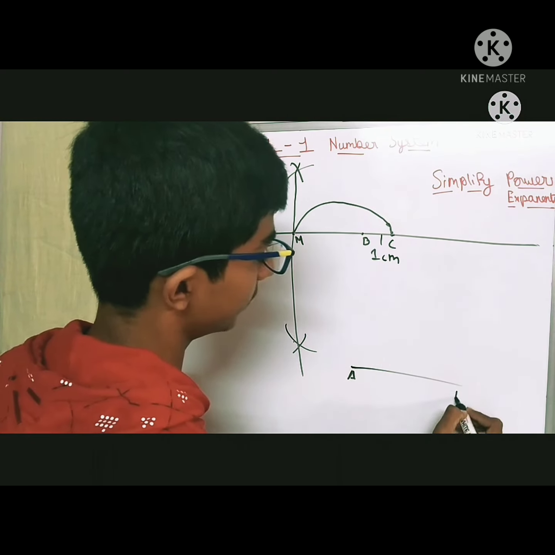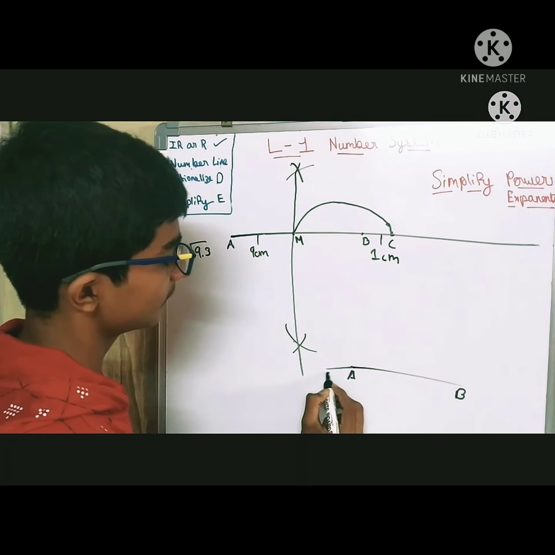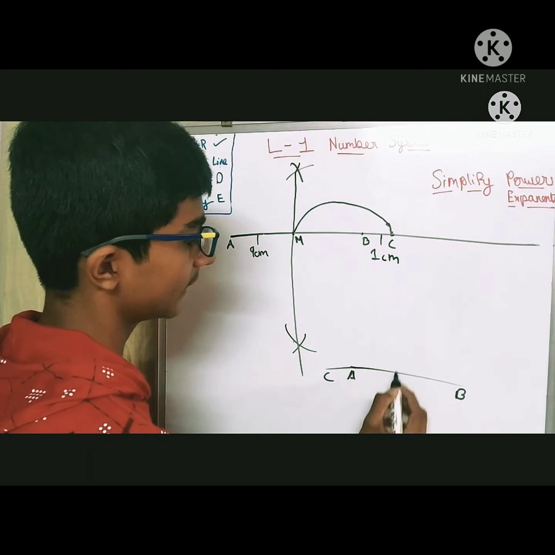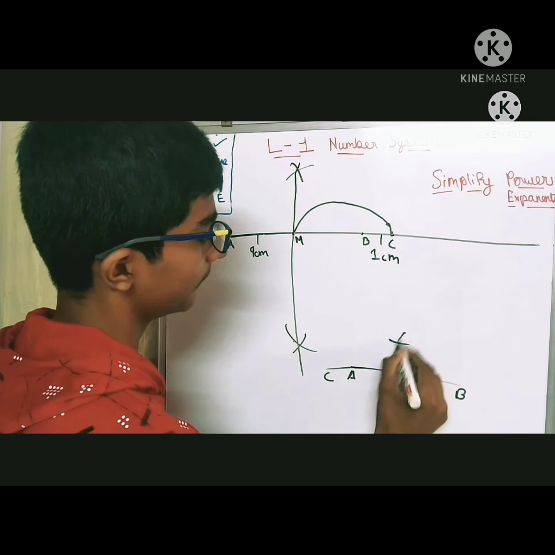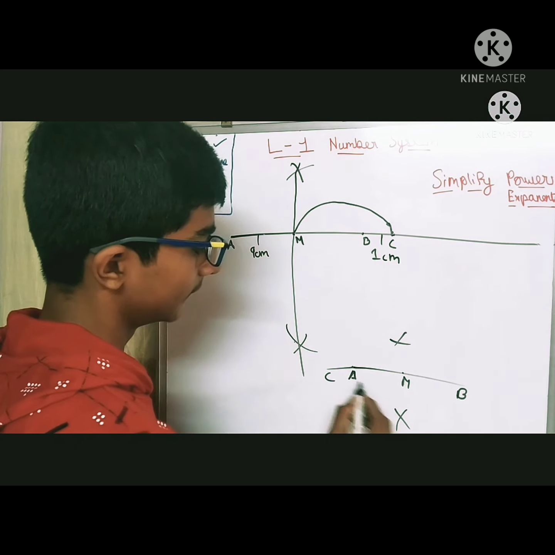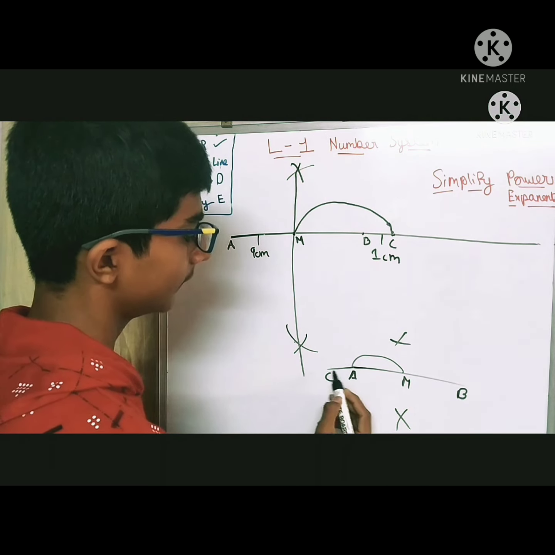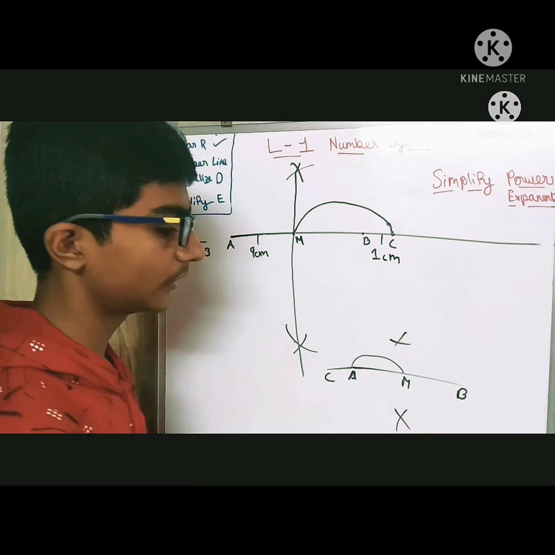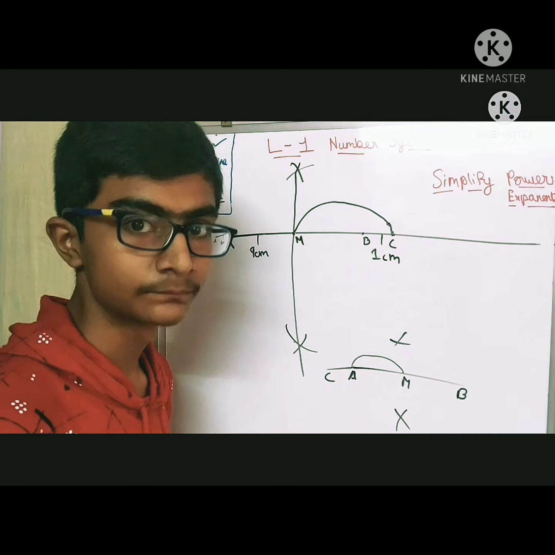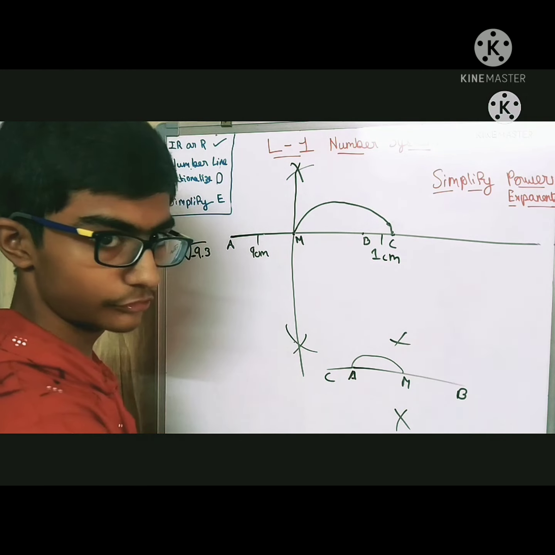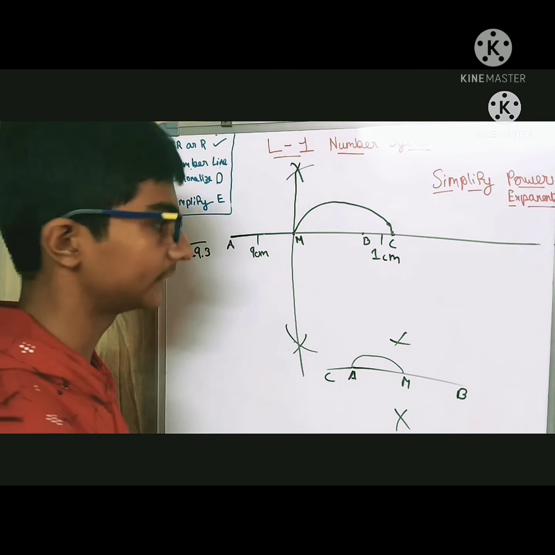It's point A, it's point B. Here is a 1 centimeter line. I am making an arc. This is the midpoint, and then I am making a semicircle. Then the number minus 9.3 would be represented on the left side, because positive is on the right hand side and negative is on the left hand side.